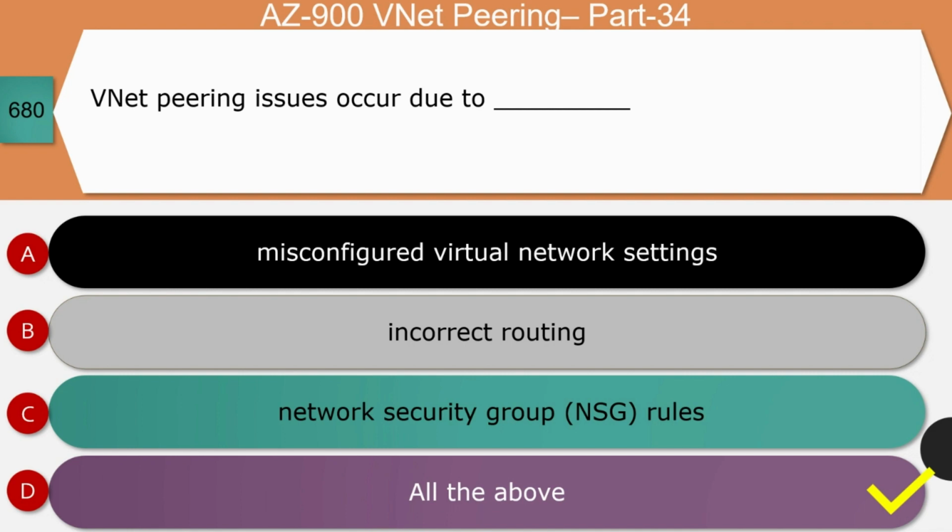To troubleshoot VNet pairing issues, you can start by checking the status of the pairing connection and then reviewing the settings in the virtual networks involved. You can also check the routing tables and the network security group rules to ensure that traffic is being forwarded correctly. And so the right answer for this question is option D, that is all of the above.